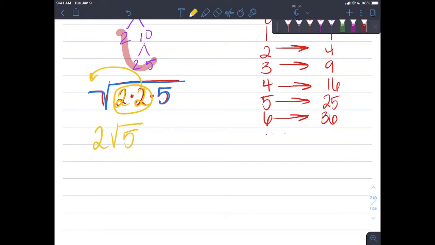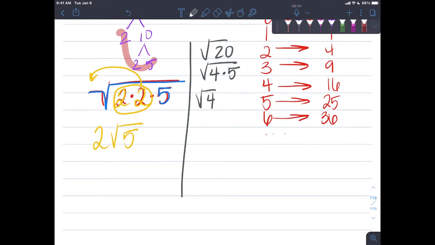The other way for us to think about this is that square root of 20 is the same thing as the square root of 4 times 5. I can break these apart, and the square root of 4 is positive or negative 2. Same exact answer. Okay? So, that is how you reduce radicals.